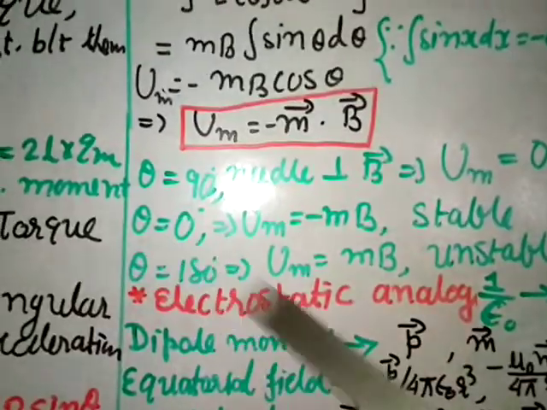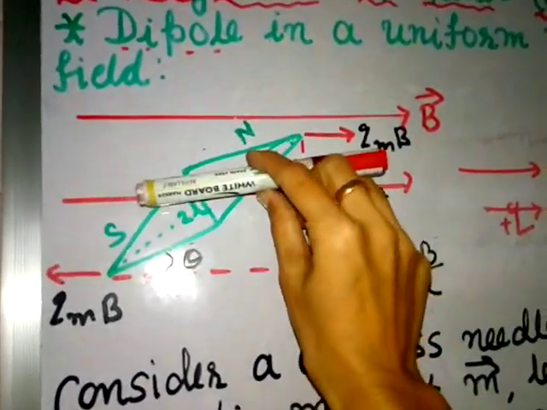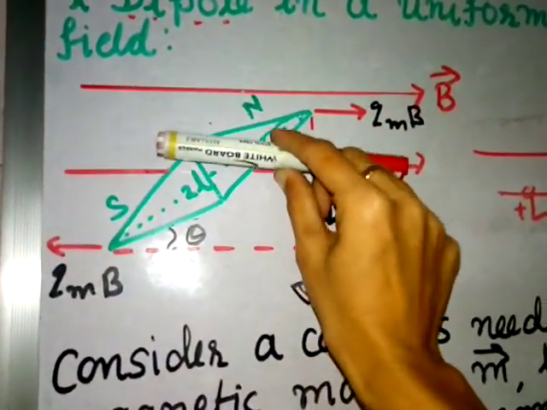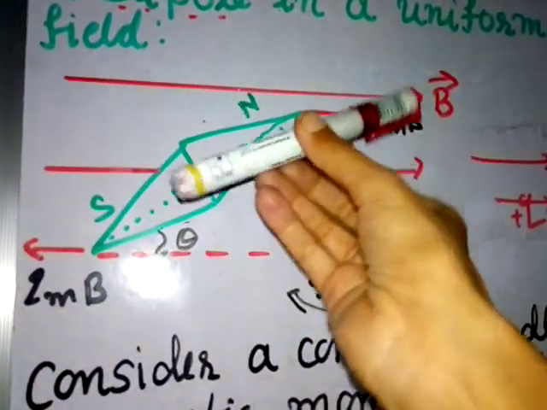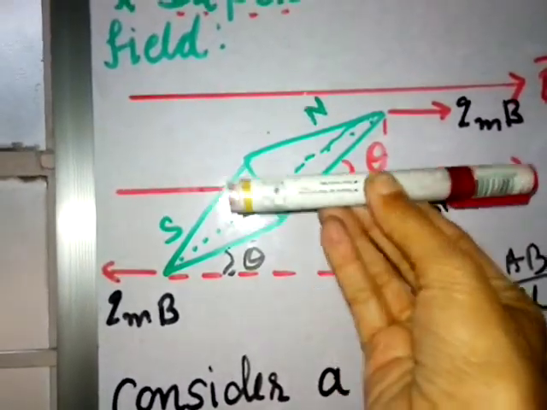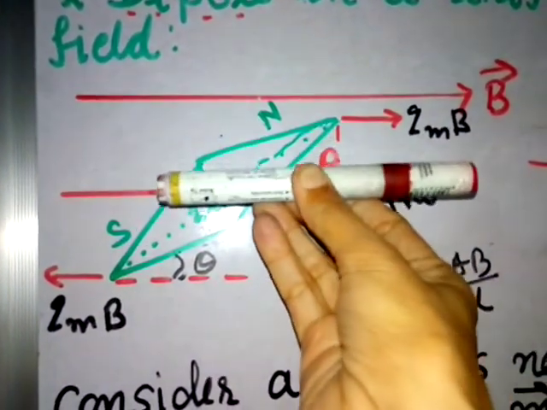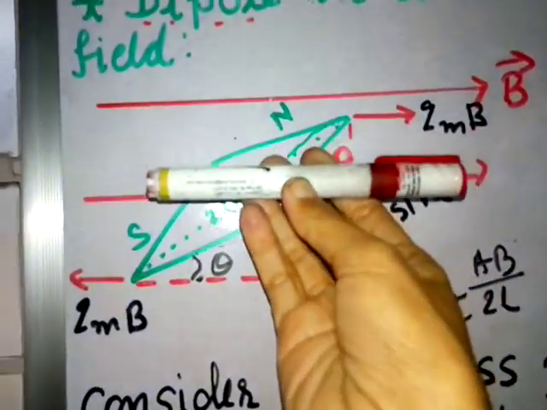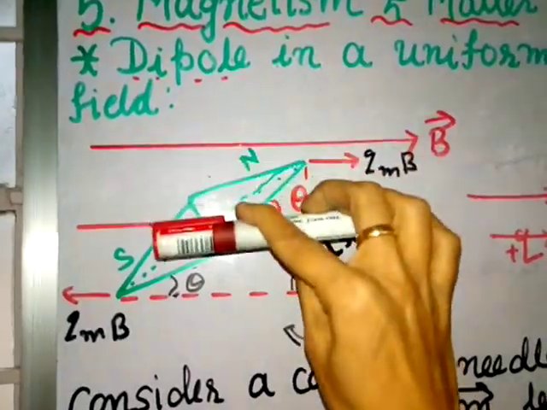Then suppose theta is 0 degrees. That means the needle is parallel to the magnetic field. If it is parallel, then theta is 0, and if it is anti-parallel, then theta is 180. Both are extreme values, but when theta is equal to 0, we consider it stable, and when it is at 180 degrees, we consider it unstable.